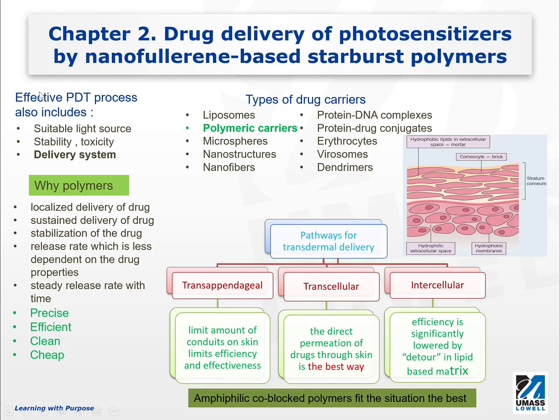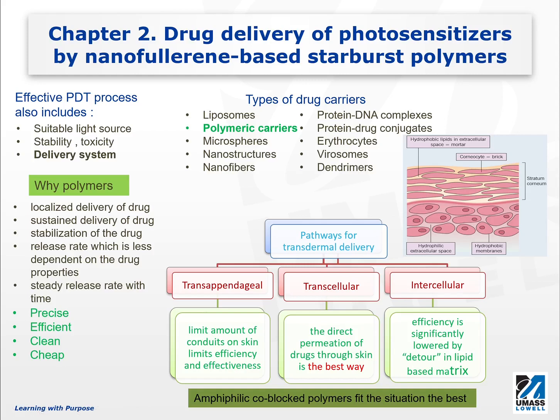As we know, effective photodynamic therapy includes a suitable light source, the stability and toxicity of the drug, and also a good delivery system. Nowadays, there are many types of drug carriers being used for drug delivery.